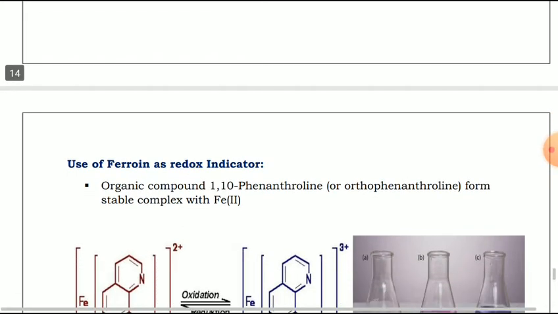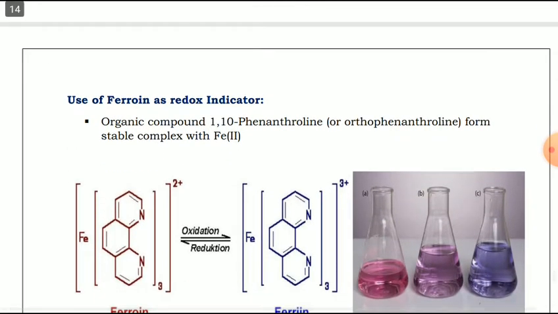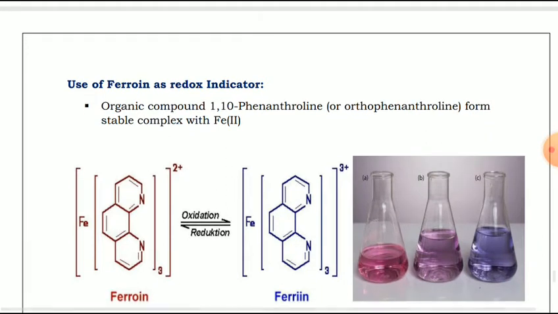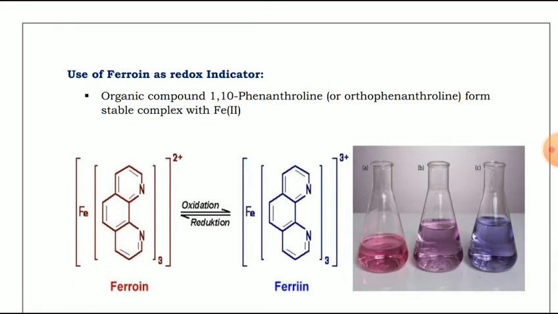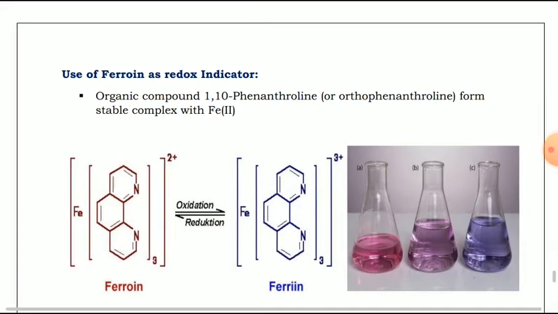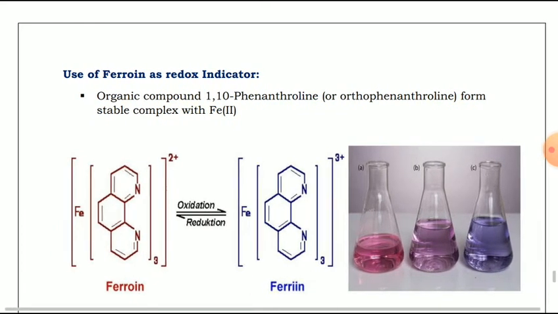This is the reaction and its oxidized and reduced form. In the first red bracket, we have ferrous and 1,10-phenanthroline. The ferrous is only one mole, and 1,10-phenanthroline is 3 moles, but Fe is present in the +2 oxidation state. That's why its name is ferroin.